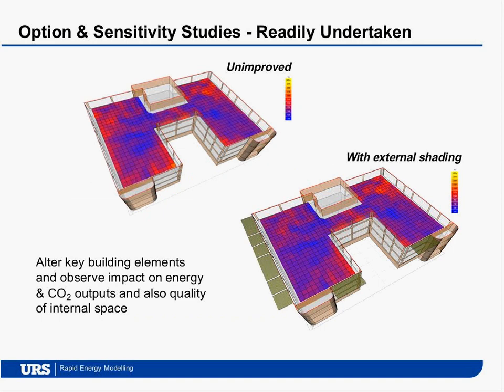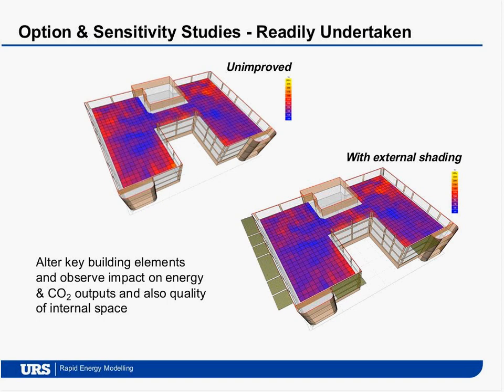The energy model also allows us to perform sensitivity studies quickly. So this is the same model that we produced, used to simulate daylighting across the floor. So we're looking at a shading option. Two models are shown there: the building as it is on the top left, and the building with the shading option on the bottom right.